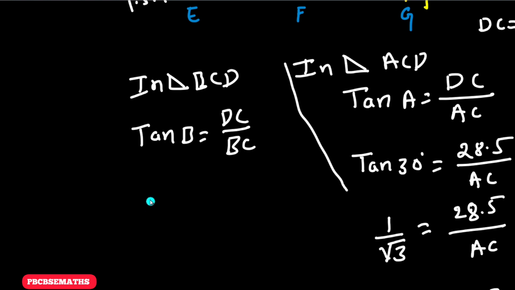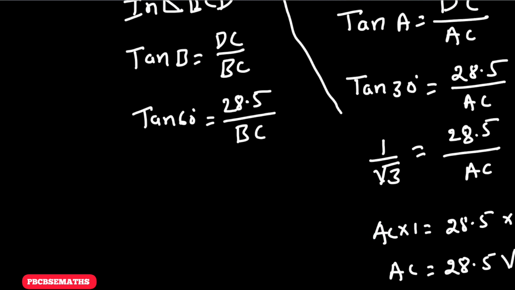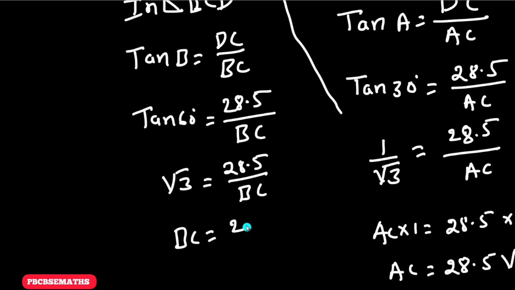The value of B is 60 degrees, so tan 60 degrees is equal to DC, as usual 28.5, divided by BC. The value of tan 60 degrees is root 3. So root 3 is equal to 28.5 divided by BC. Then BC is equal to 28.5 divided by root 3 meters.